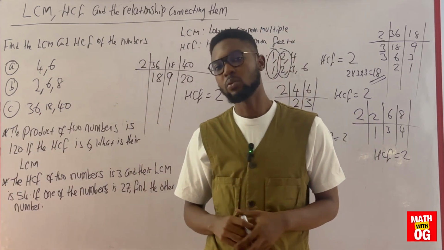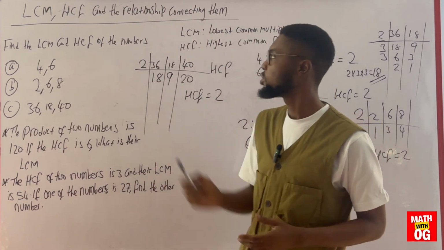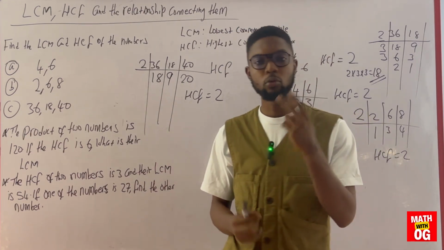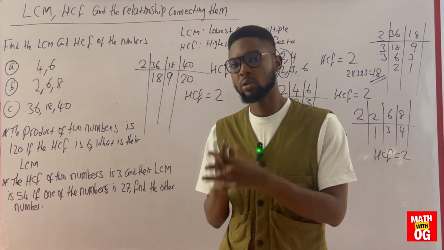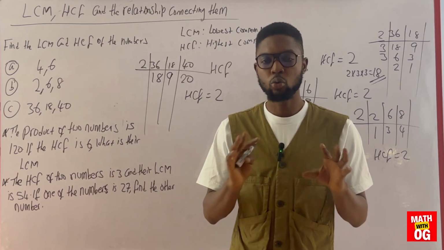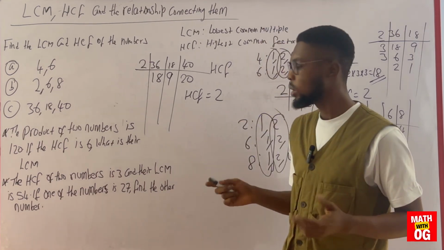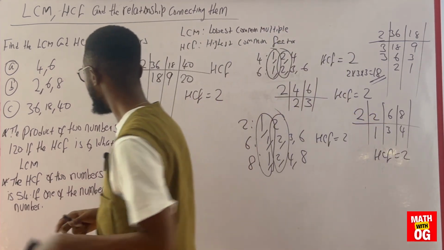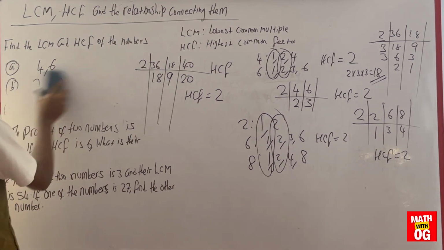However, there's one last thing we need to talk about, which is the relationship between LCM and HCF of two numbers. I repeat, just two numbers. Now, what is the relationship?